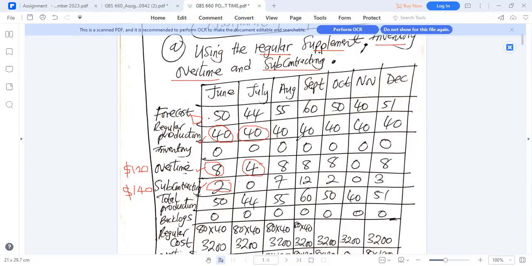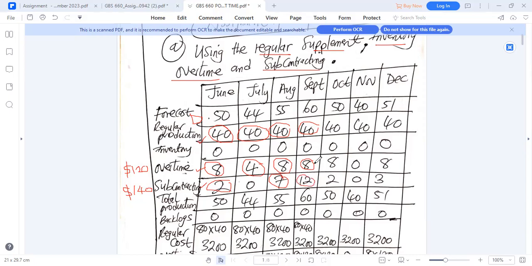In the month of August, the regular production was 40 units. Our demand was 55. So overtime would have been 8, subcontracting 7, so that the 15 plus 40 gives us 55. Getting down to September, our production is 40. Then we would have allowed overtime 8, and then our subcontracting would have been 15.